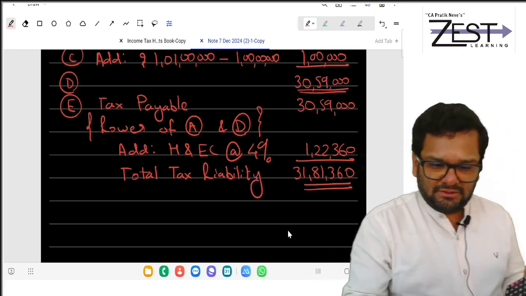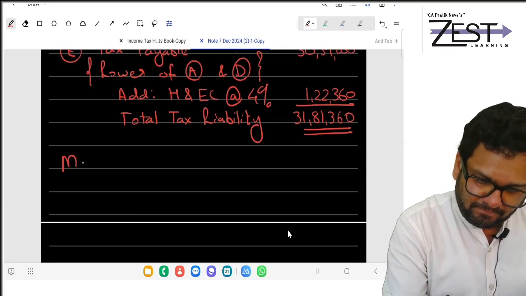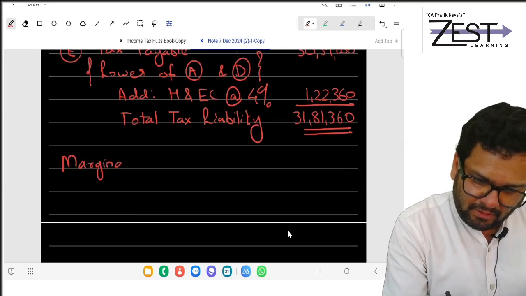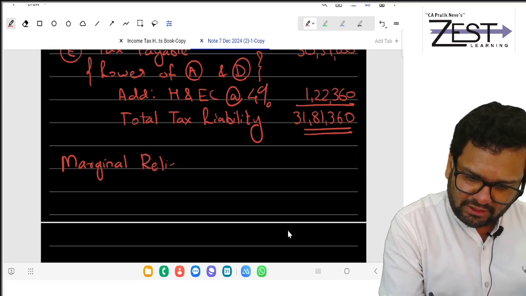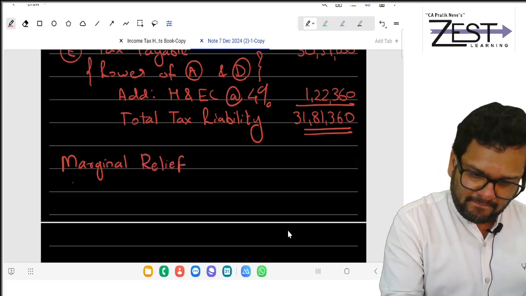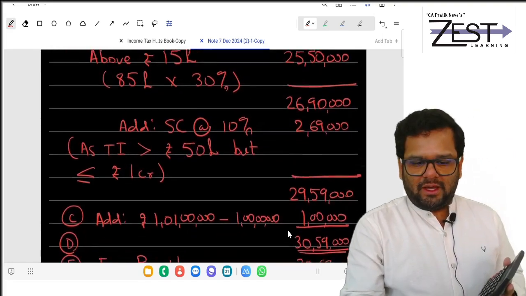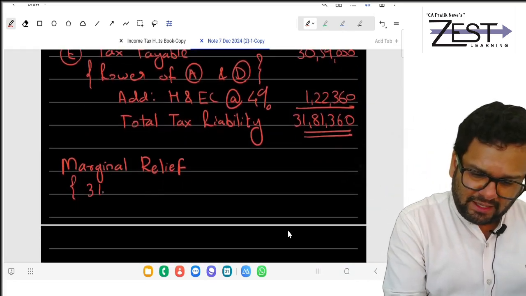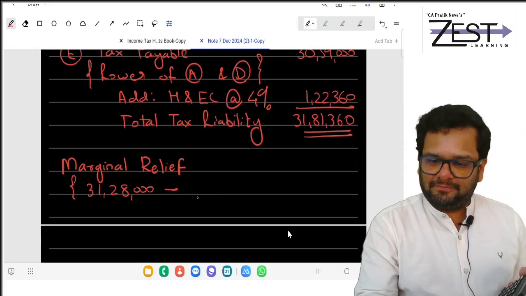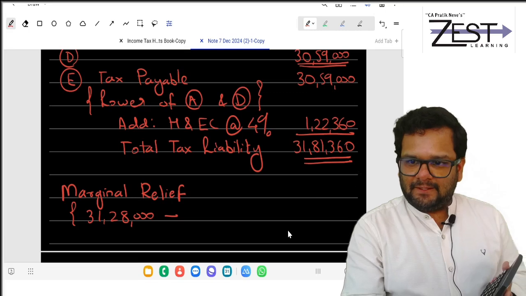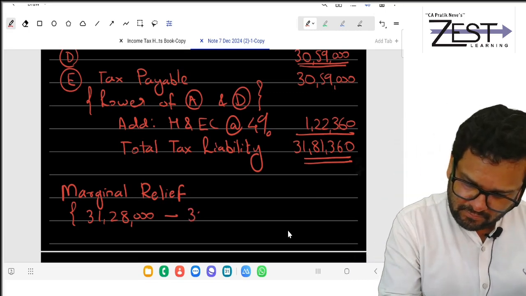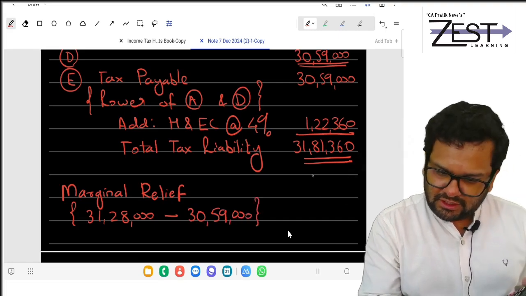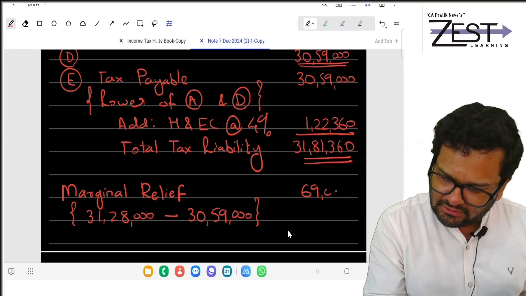What is the marginal relief that you are getting? Marginal relief you are getting is, if you would have not gone for this, you would have paid 31 lakh 28,000, but right now you are asked to pay 30 lakh 59,000. 69,000 is your marginal relief.